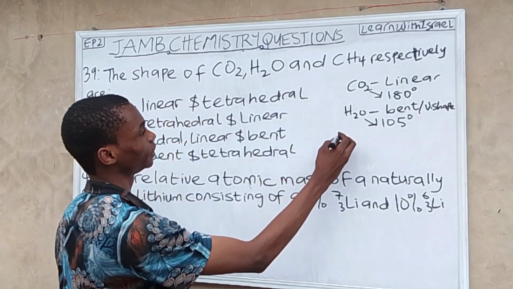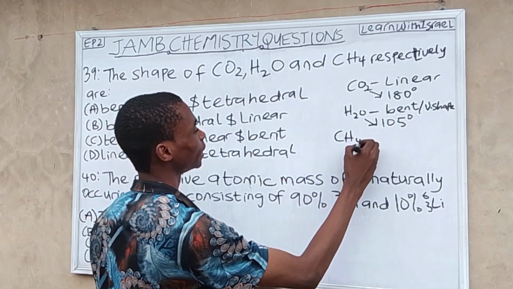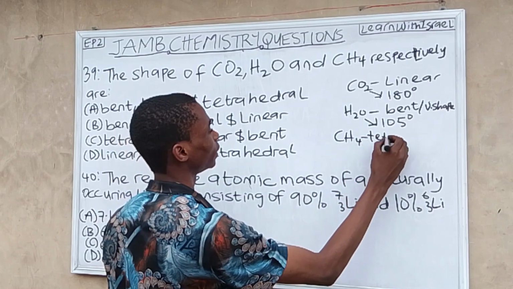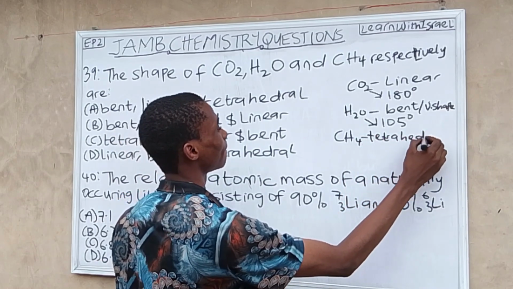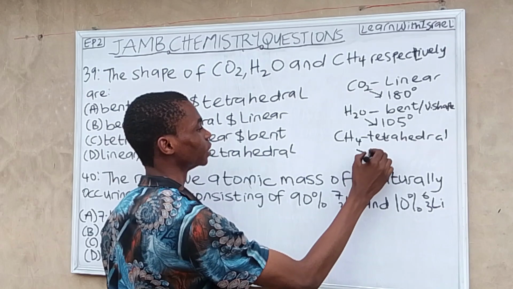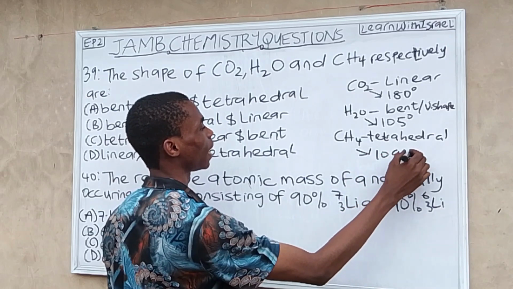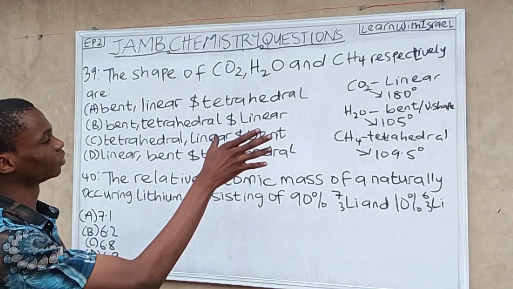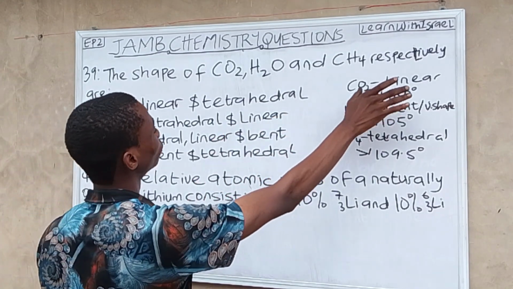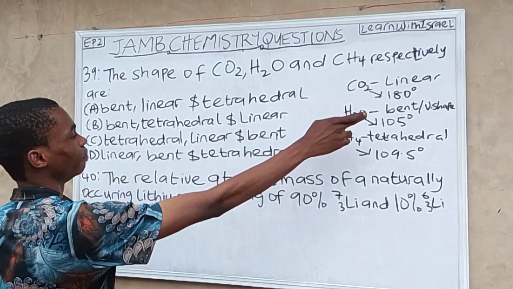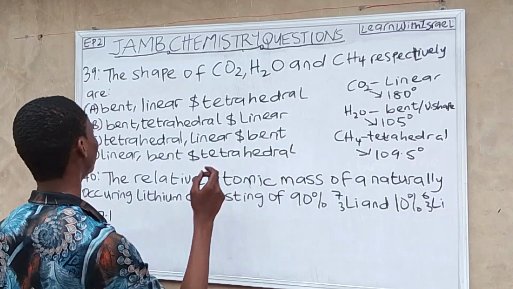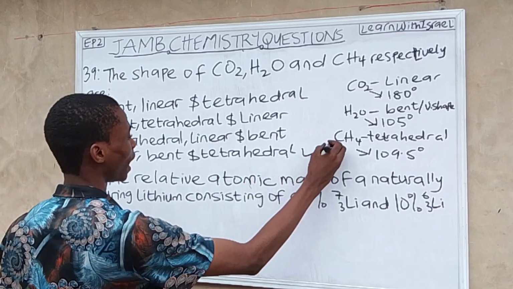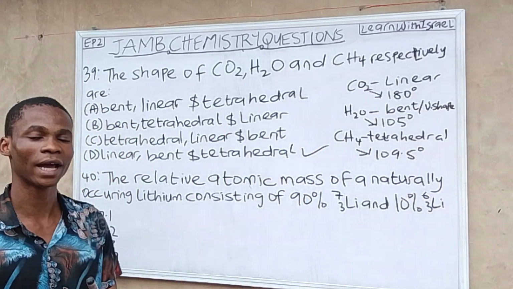And for the last one, CH4 is tetrahedral, and the bond angle is 109.5 degrees. So we have to check accordingly. CO2 linear, H2O bent, CH4 tetrahedral. So option D is the correct answer. I hope you understand my explanation.